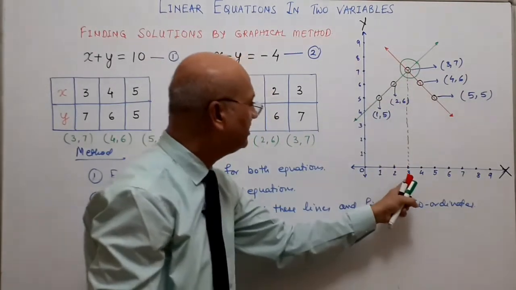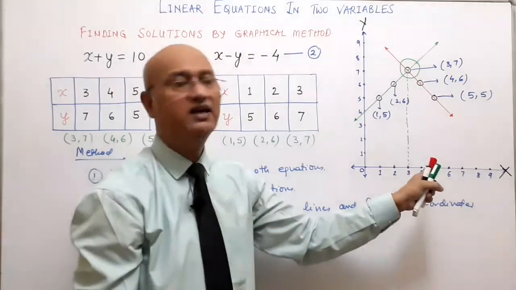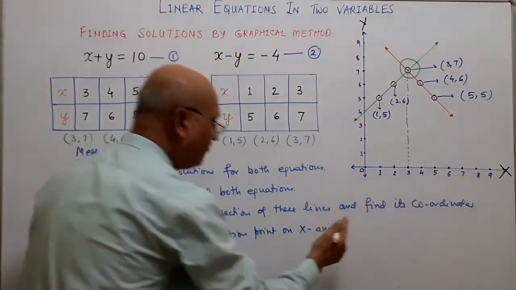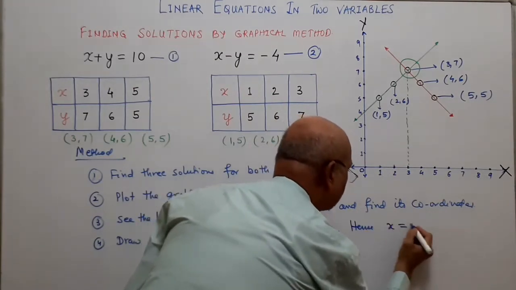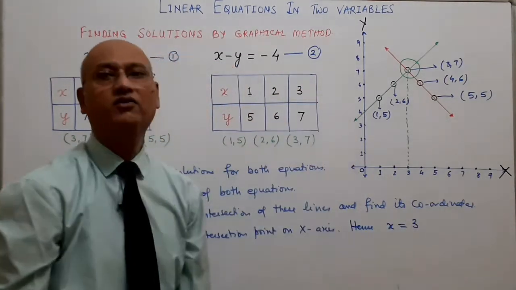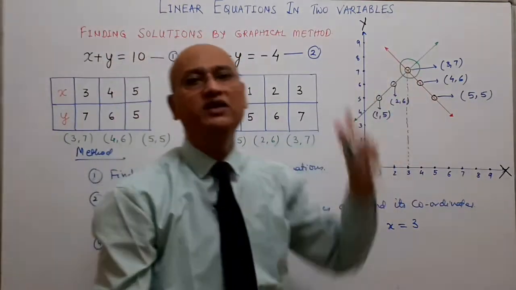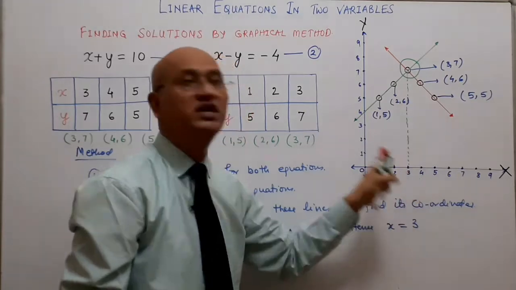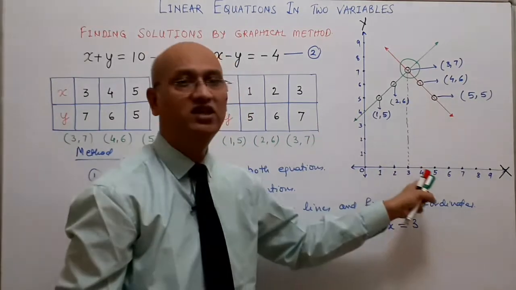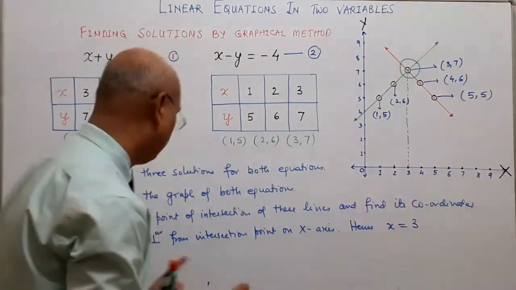Now we see that it is coming on 3. So the value of x will be 3. Why? Because the perpendicular from the point of intersection is coming on the x-axis at the point 3, so the value of x will be 3.